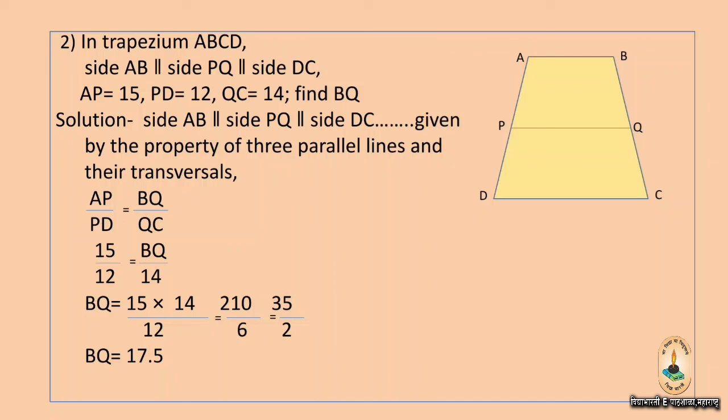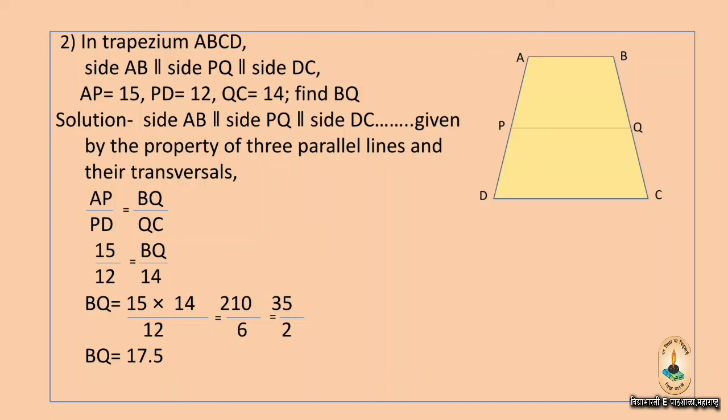Substituting the values of AP, PD and QC, we have 15 upon 12 equal to BQ upon 14, and therefore BQ equal to 15 into 14 upon 12. Simplify this.